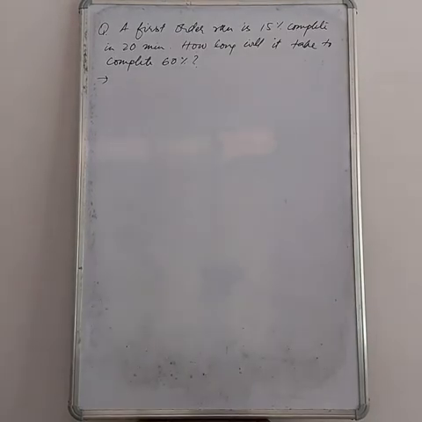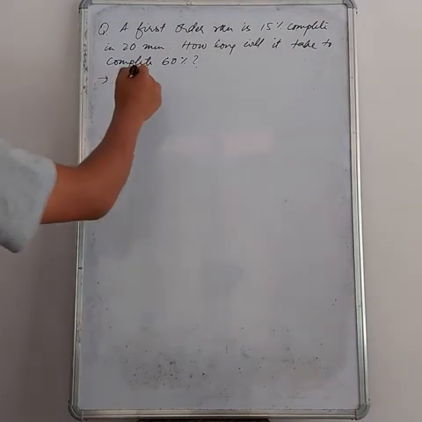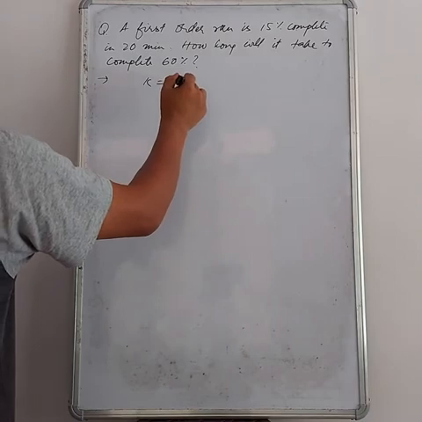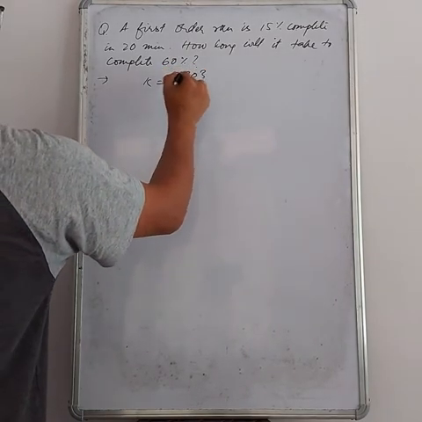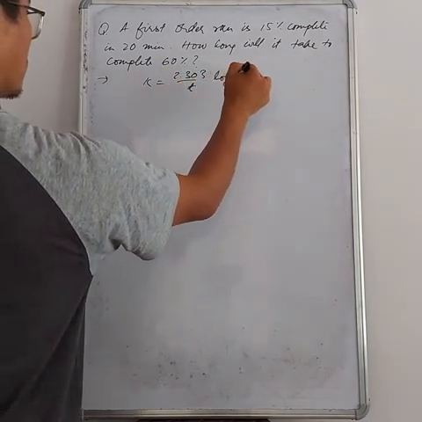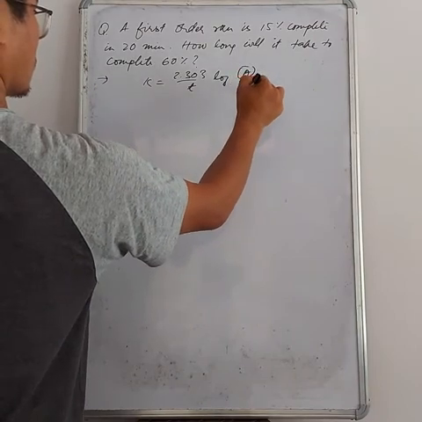So here's a question. The first order reaction is 15% complete in 20 minutes. How long will it take to complete 60%? So we know that the rate constant of a first order reaction is given by 2.303 over t log of the initial over the final concentration.